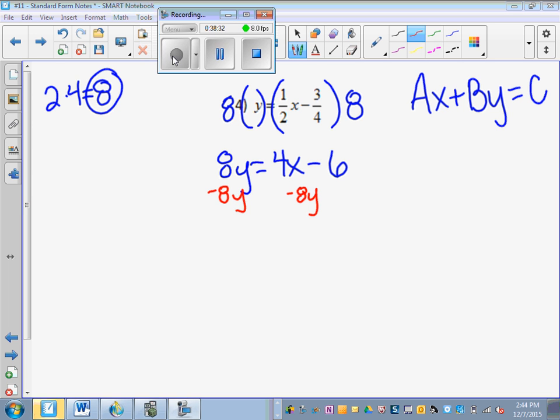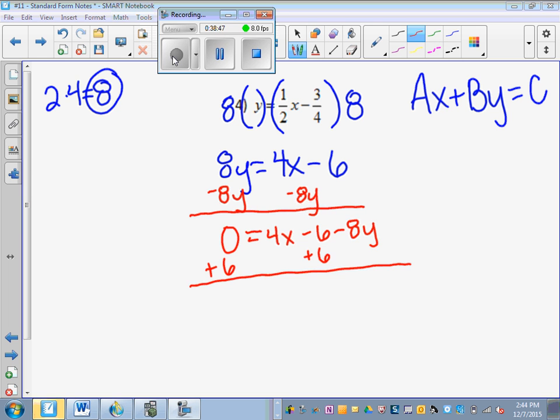So I have 0 equals 4x minus 6 minus 8y. And then I'm going to add my 6 over. So I have 6 equals 4x minus 8y.